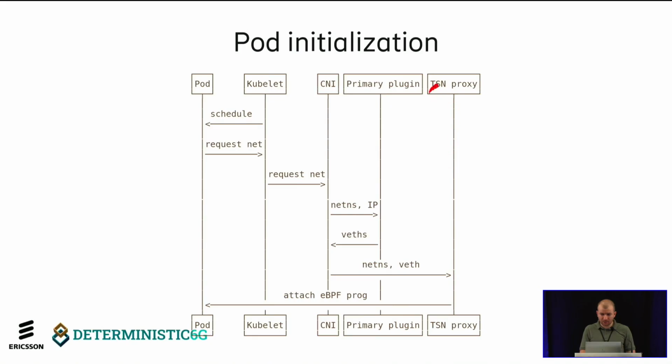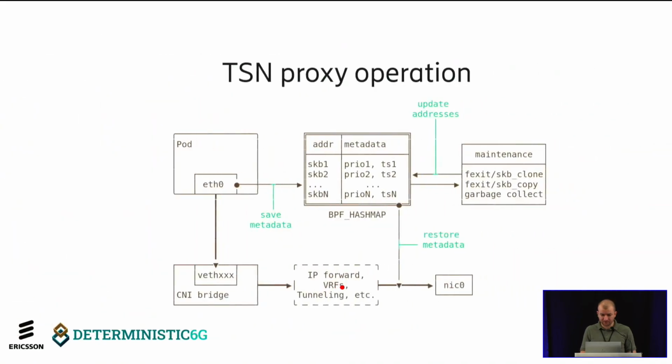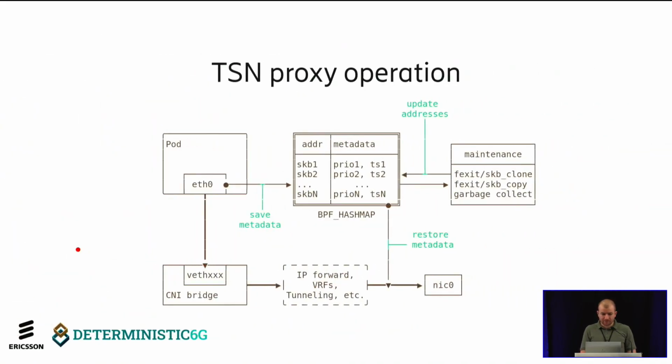So now in our TSN proxy, we have the network namespace and the VETH, so we can do whatever we wish with those things. For example, attaching a custom eBPF program to it.